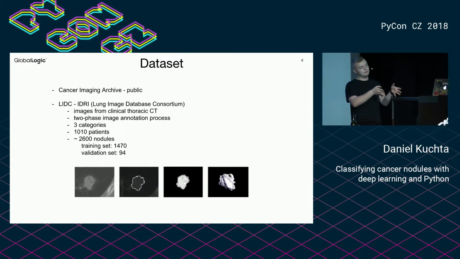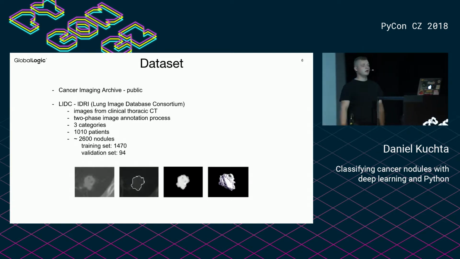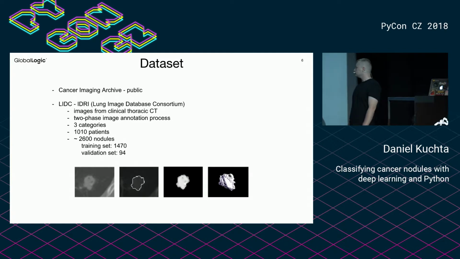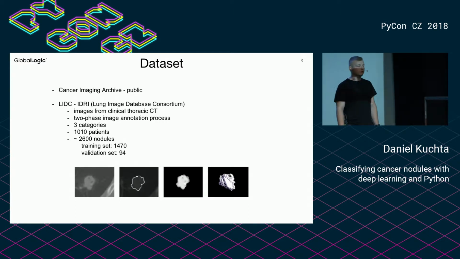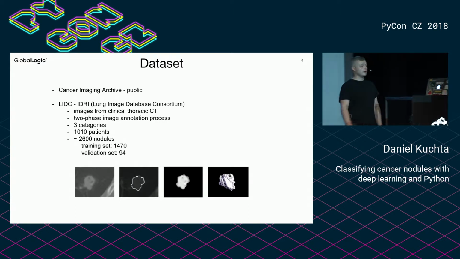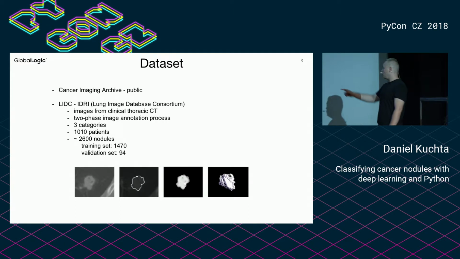So we had malignant and benign categories, and we dropped the category in the middle. And we ended up with a training set of 1,500 nodules and around 100 nodules in our validation set.